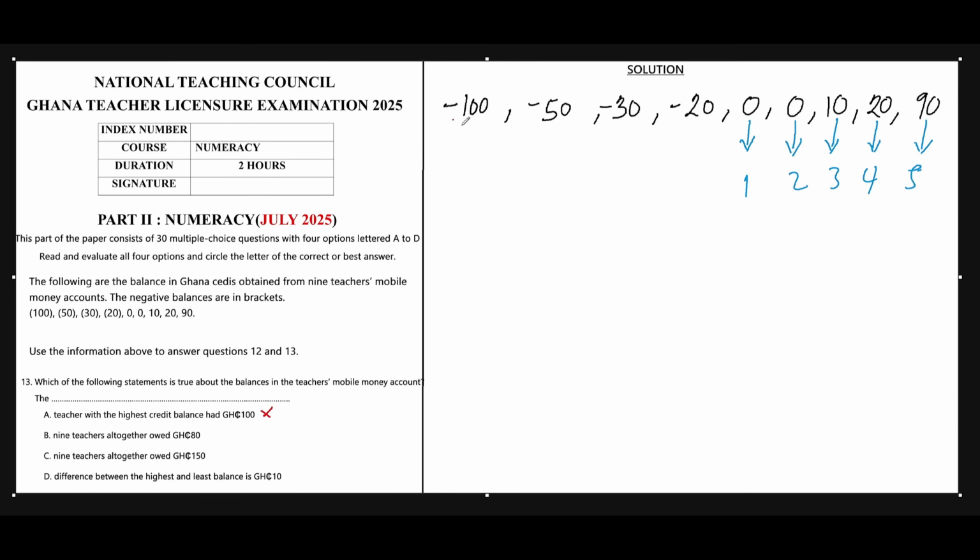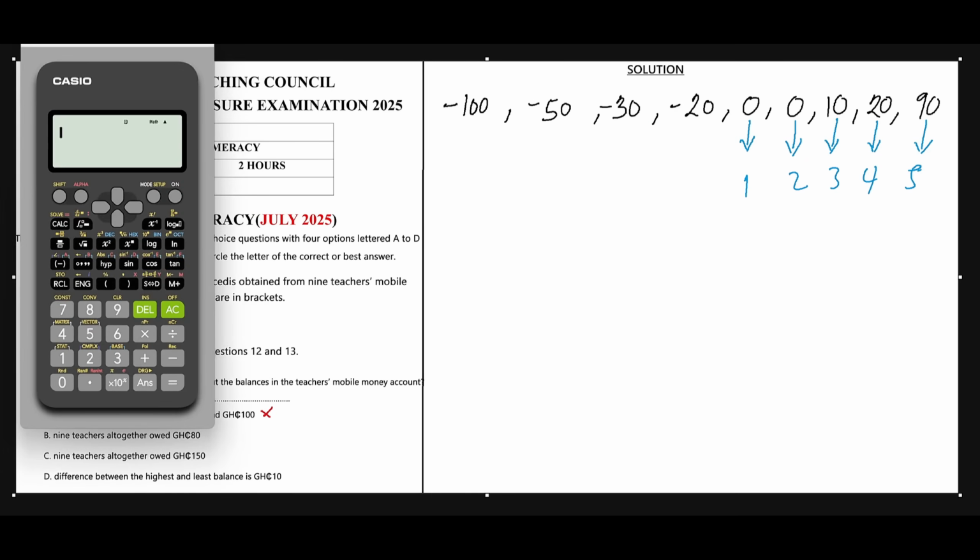B. The 9 teachers altogether owed 80 Ghana cedis. So let's see the total amount of money owed by the 9 teachers. So the first teacher owes 100 cedis. The second teacher owes 50 cedis. The third teacher owes 30 cedis. The fourth 20 cedis. So the fifth and the sixth 0. They neither owe nor have any credit in their account.